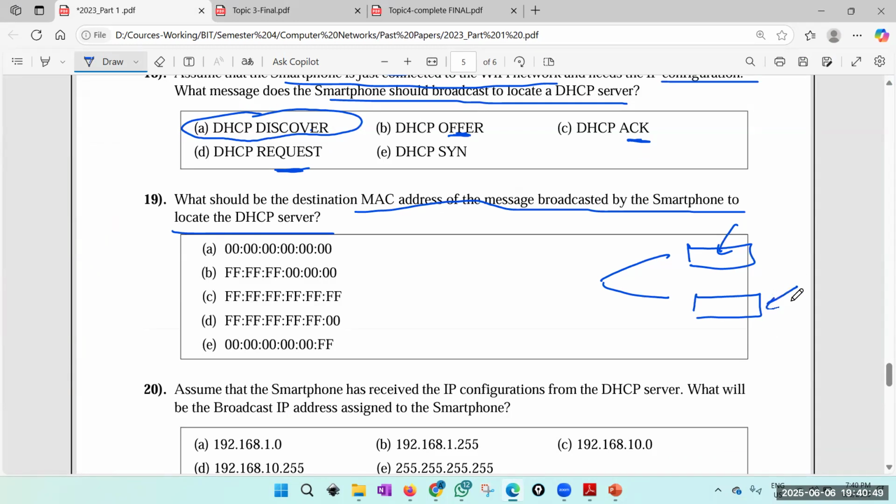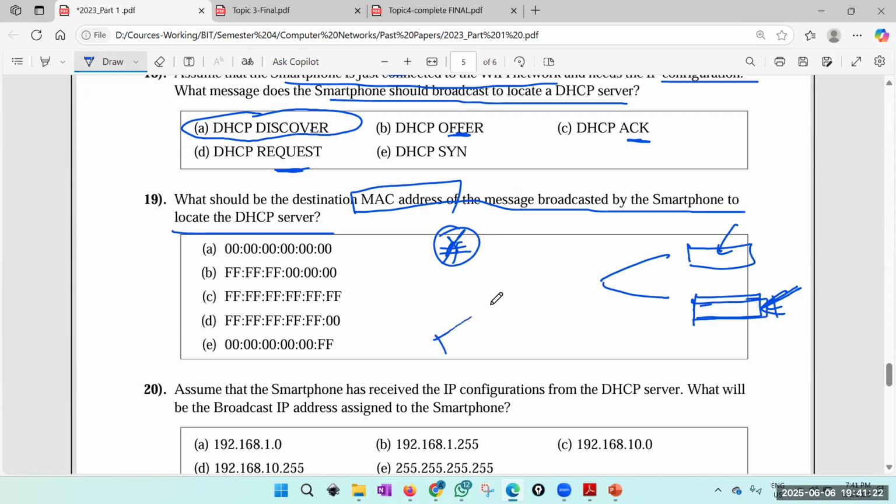So always the biggest number is the broadcast ID, right? In MAC addresses, there's nothing called subnetting. MAC addresses are hard coded. Okay, so just make a note of that. I think this is not mentioned in our note, or maybe not in your UCSC note either. Just like we take the biggest number as the broadcast address in a subnetwork, in MAC addresses the biggest hard-coded value is considered as the broadcast.